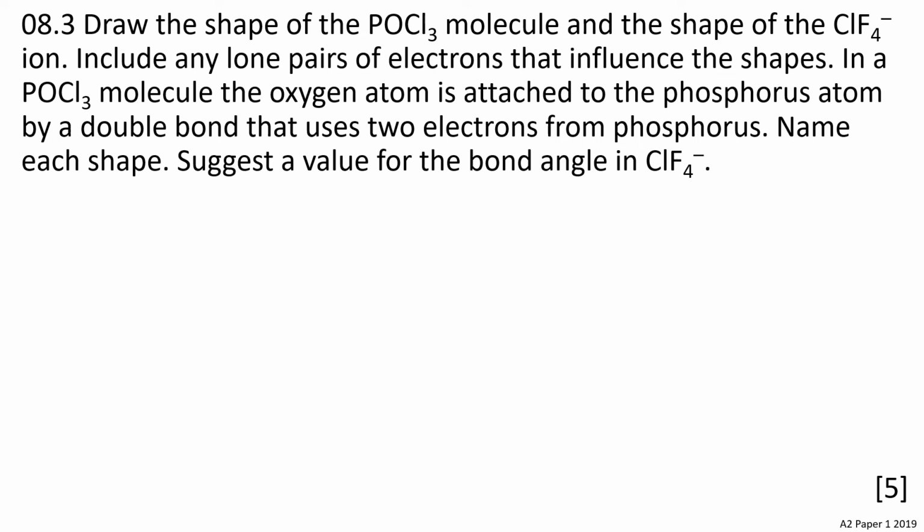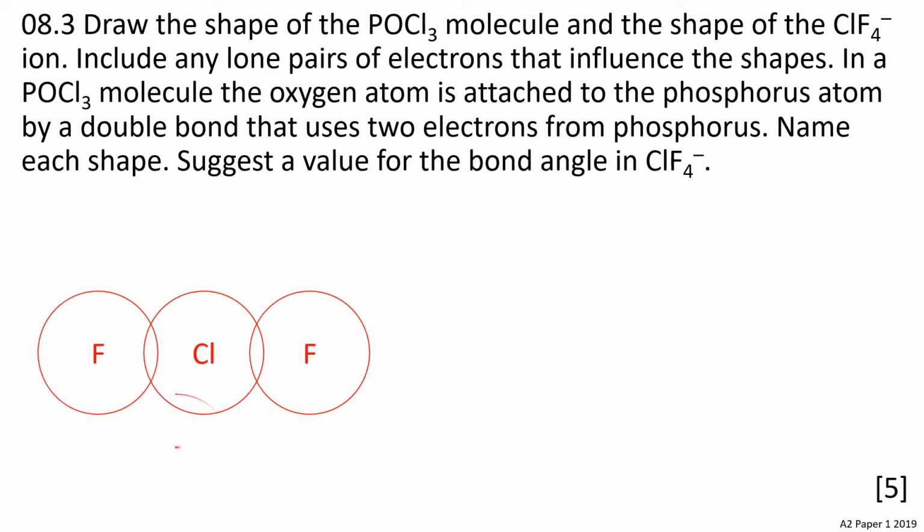So next we're going to give the shape for the ClF4 minus molecular ion. The central atom is chlorine, surrounded by 4 atoms of fluorine. The outer electrons of chlorine are given dots.